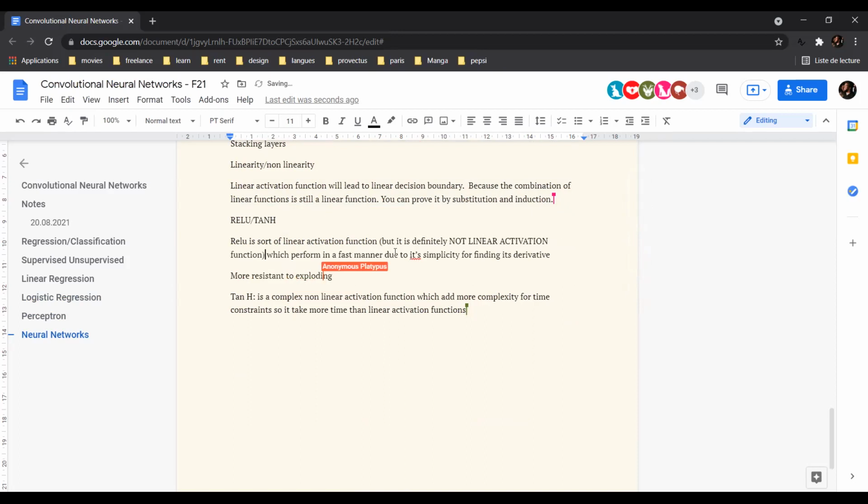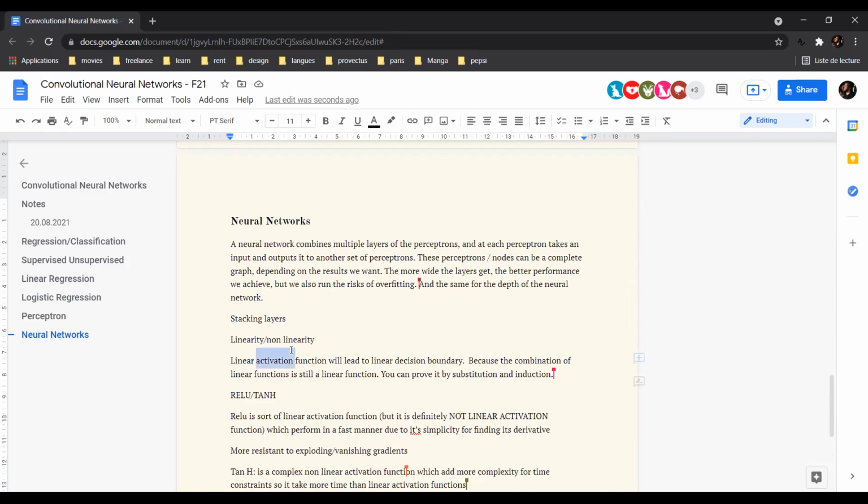It performs faster due to its simplicity in finding its derivative. Nice, very good. Tanh is a complex nonlinear activation function. So, yeah, very well.